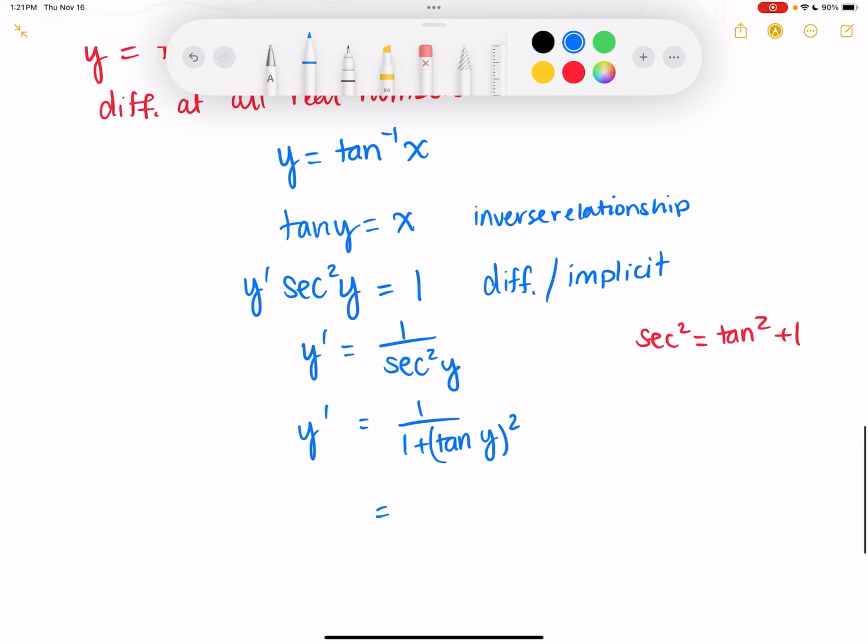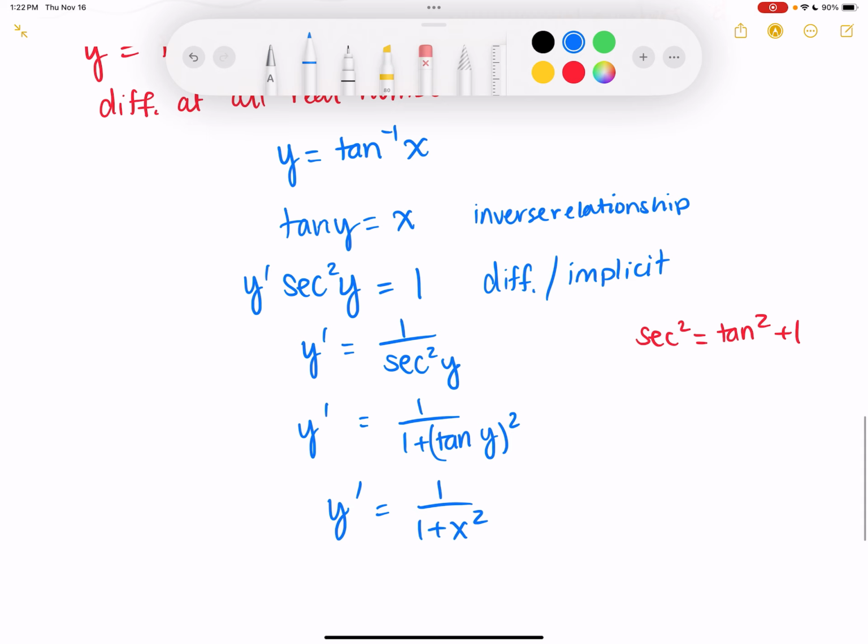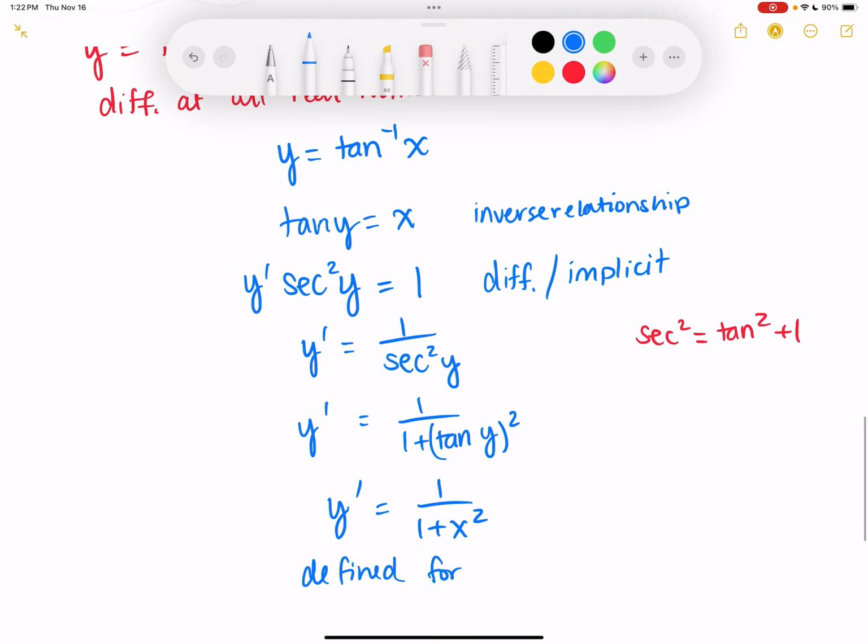So this would be equal to 1 over 1 plus x squared. And this is defined for all real numbers. That one was a lot easier. The other one would have been easier if I just did this and didn't explain every little detail.